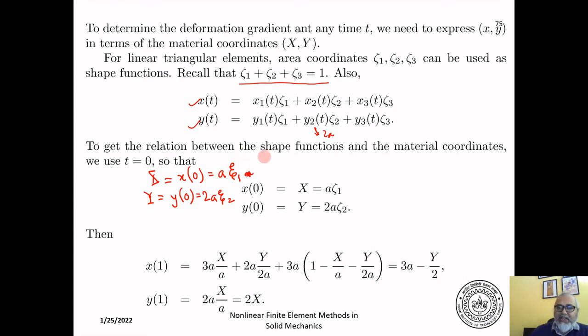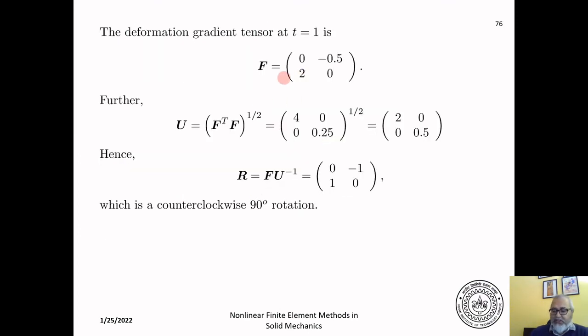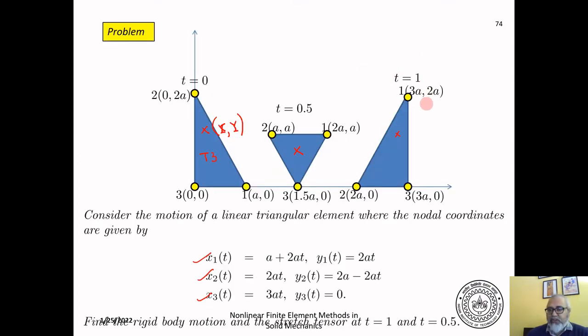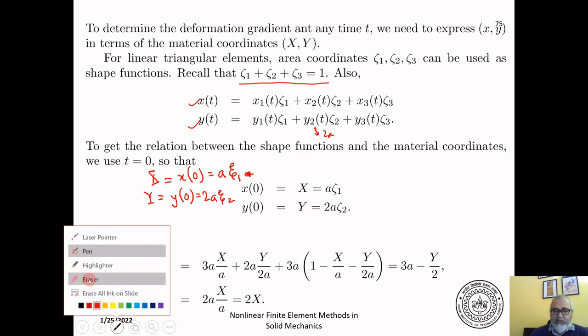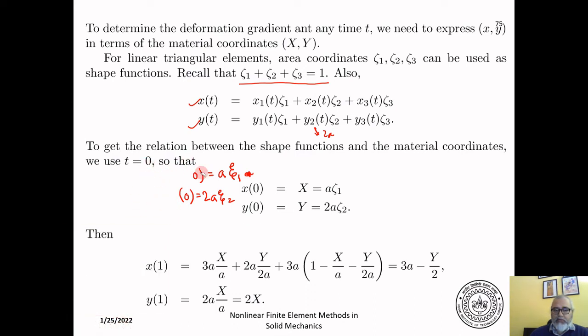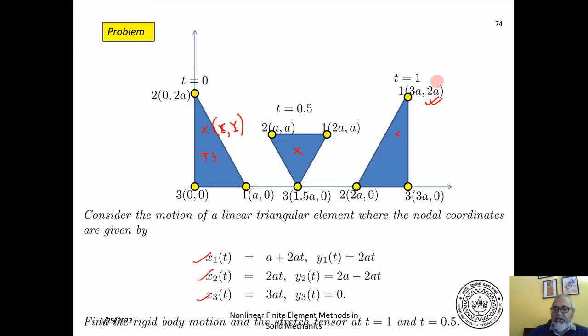Now let us take the situation at t equal to 1. So let us take the situation for this configuration. For this configuration, x1, x2, x3, let's note it down. x1 is 3a, 2a, and 3a respectively.